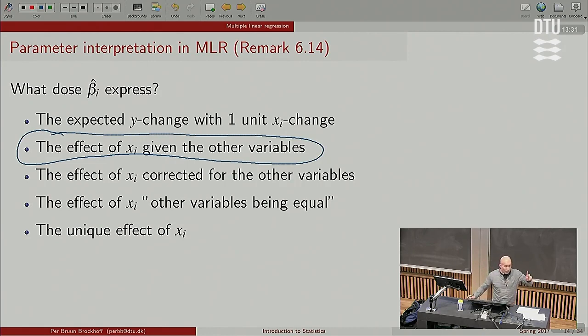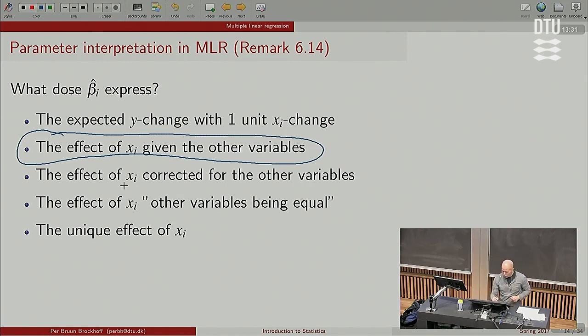So when I'm talking about the beta in a multiple linear regression using wind, temperature and radiation, the wind beta is expressing the expected change with 1 unit of wind, given that I assume that radiation and temperature are kept at the same values, right?